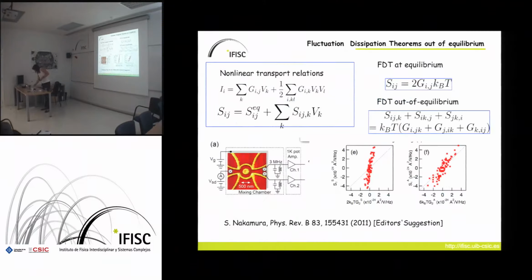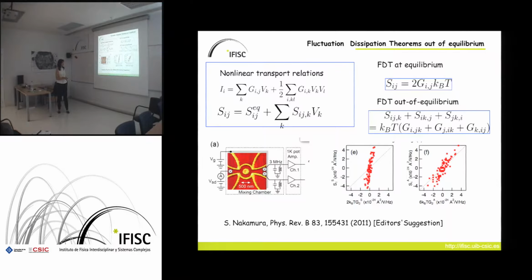So this has also been measured in a quantum dot in a ring, and they more or less measure the relation between the noise susceptibility and the nonlinear conductance. Theoretically, one should have this, but experimentally one has that. And this is much better.